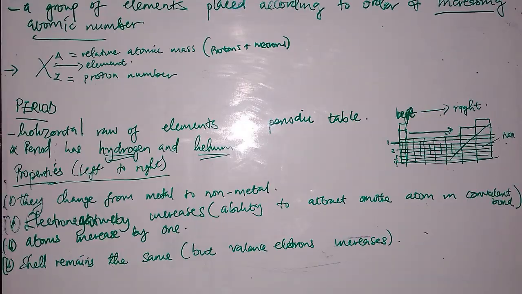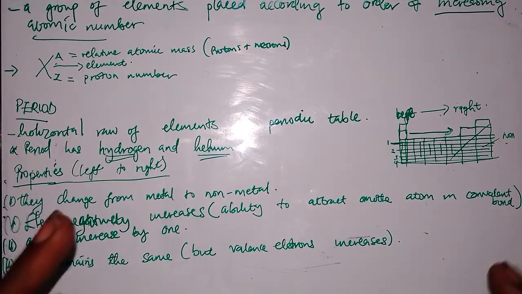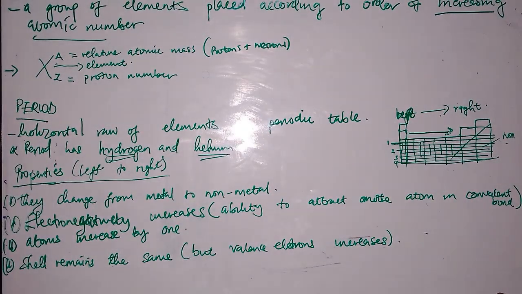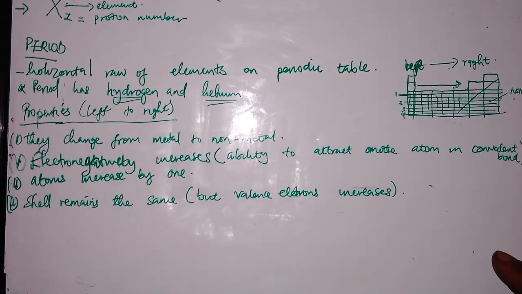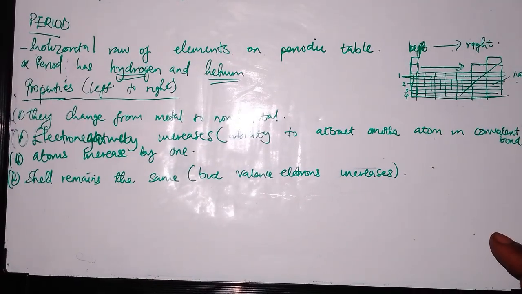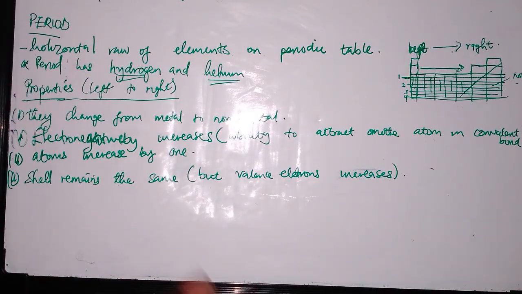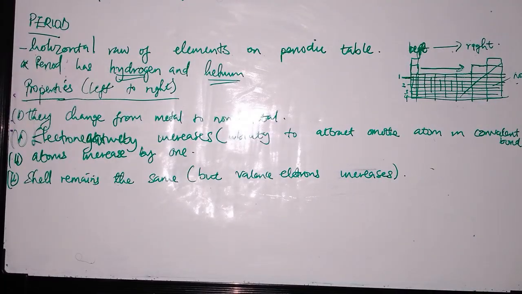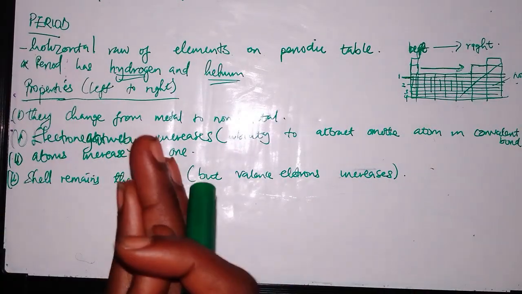So these properties I'm giving you are very, very important. This is where mostly examiners ask you questions. They won't ask you about the definition, but they'll ask you about the properties of the periodic table. What are the properties of elements found in group 1, group 2, group 3, group 4, up to group 8?